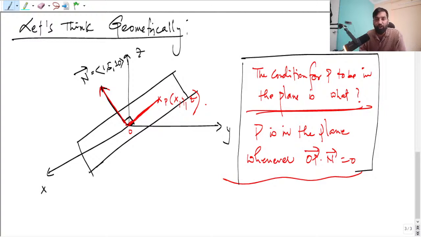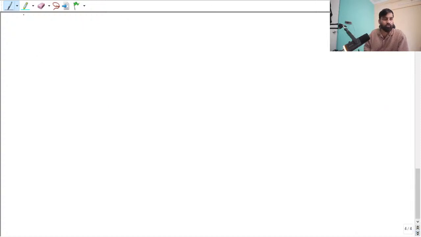The normal vector is given, and the plane is perpendicular to this normal vector. We choose one point on the plane, and we claim this point P is in the plane only when the dot product of this OP vector and the normal vector is 0. So we write explicitly that vector OP has components x, y, z. So P is in the plane means what?